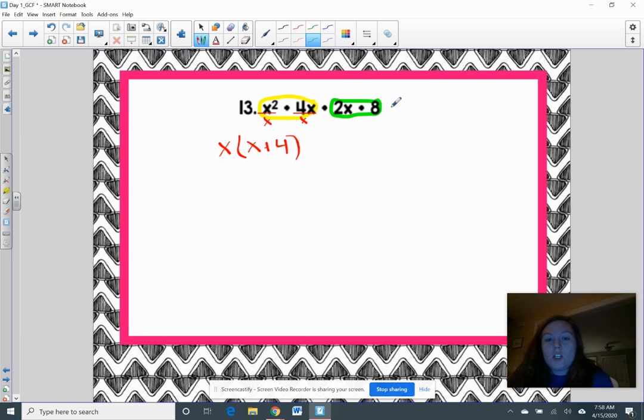Now, I'm going to find the GCF of these next 2 terms, okay? 2x plus 8. What these have in common is a 2. The GCF is 2. So what I'm going to do is I'm going to write plus 2 as my GCF. Now I'm going to divide both of these by 2.